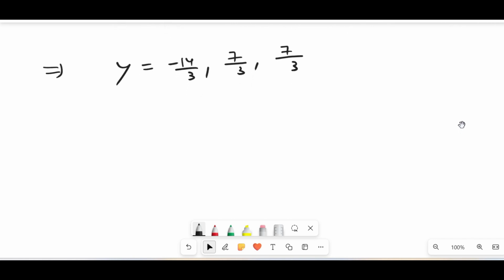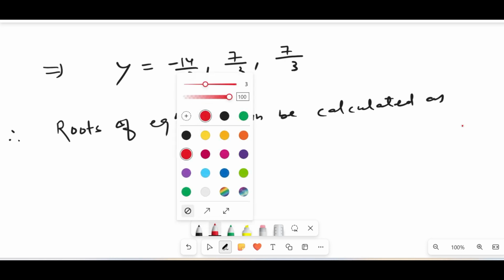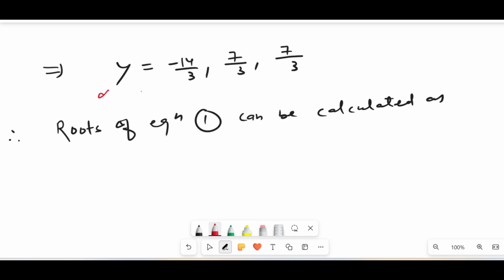So now the roots of equation 1 can be calculated, because these roots are of the form alpha minus h types.